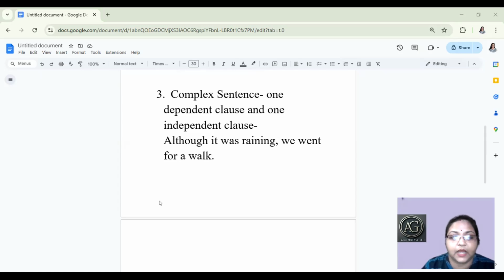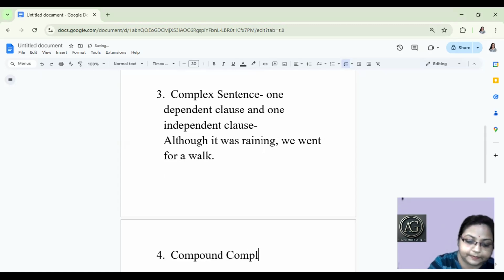Now, let us discuss the fourth type of sentence structure, that is compound complex sentence. So here we have at least two independent clauses and one or more dependent clauses.